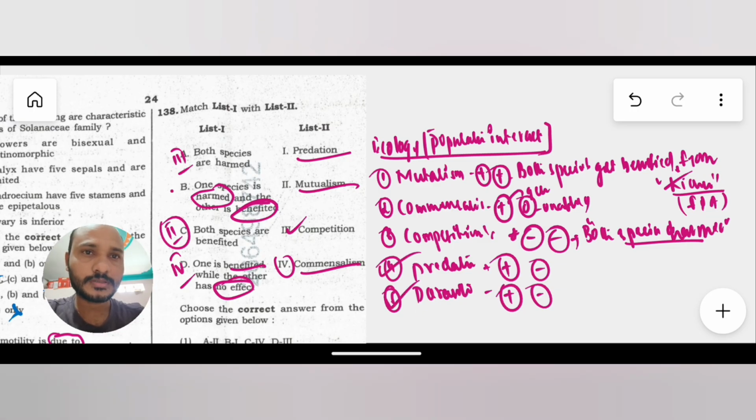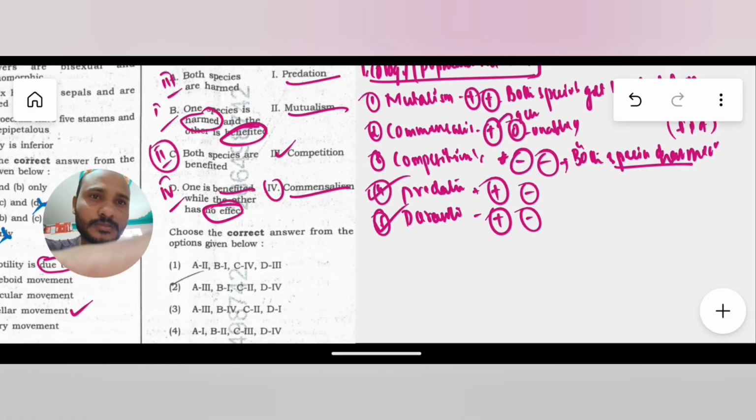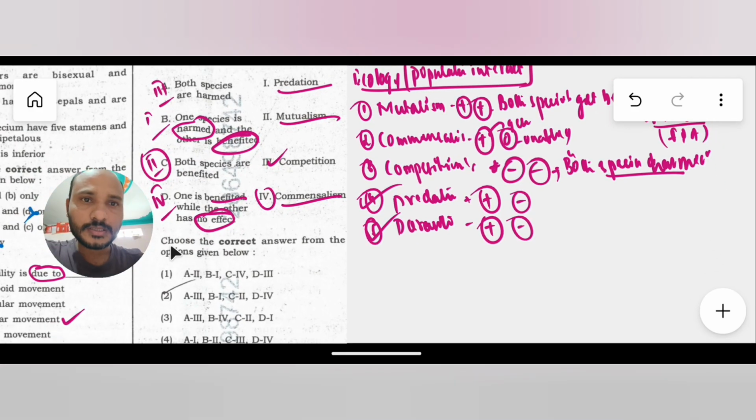So B is 1. With this we can analyze: we can eliminate the option with 3 first, B is 1, C is 2, and D is 4. So the right answer is the second one.